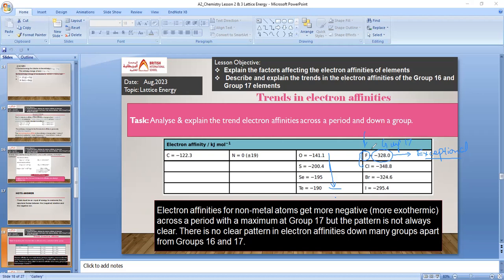Fluorine has a smaller size, and smaller size affects nuclear charge, so there will be more nuclear attraction toward the outermost shell. You have to explain all these three things, then you will get full marks.